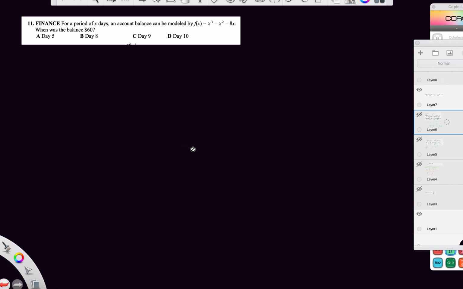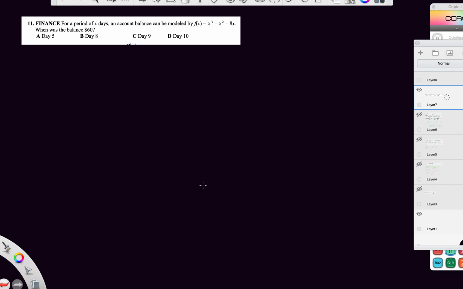All right. Here we go. This is one of the first ones that you're going to put into a calculator, this type of question. It says, for a period of x days, the balance can be modeled by this particular function. So we have a function of x cubed minus x squared minus 8x, and we want to know for how many days, for x days, when is the balance $60?